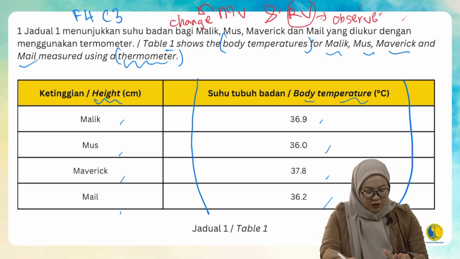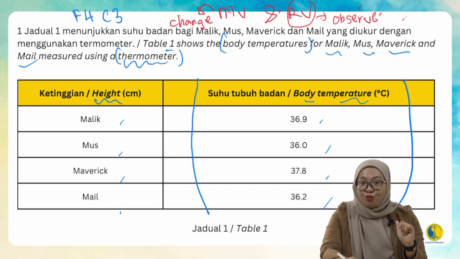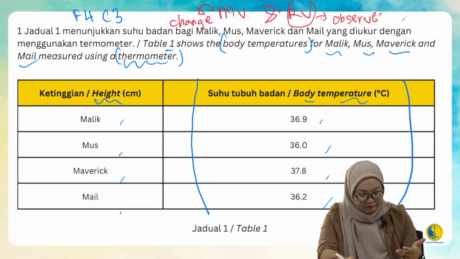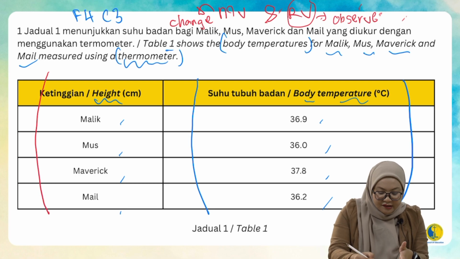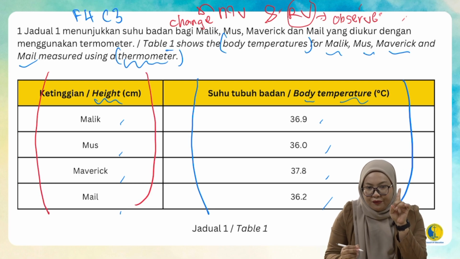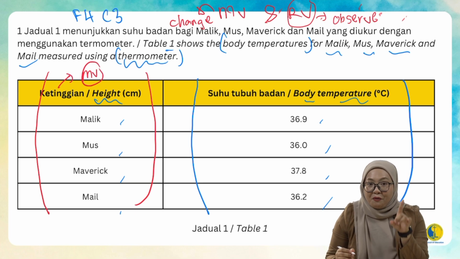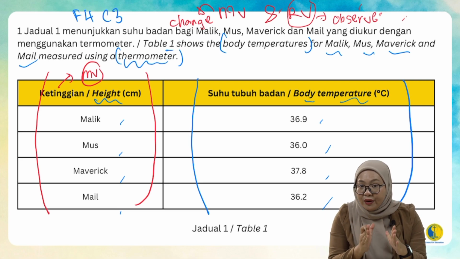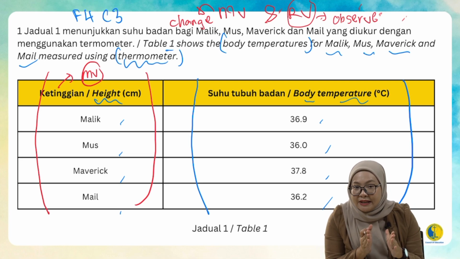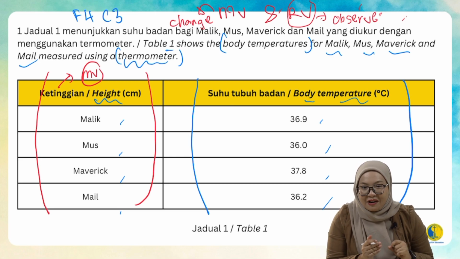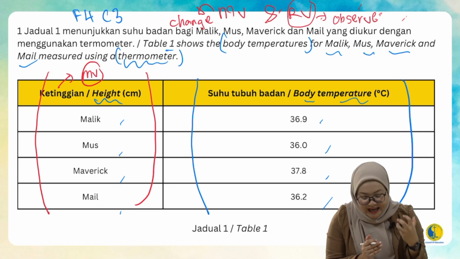So if you are given a table, the first column always is your manipulated variable. Remember, if you are given a table, the first column is the manipulated variable that we change.